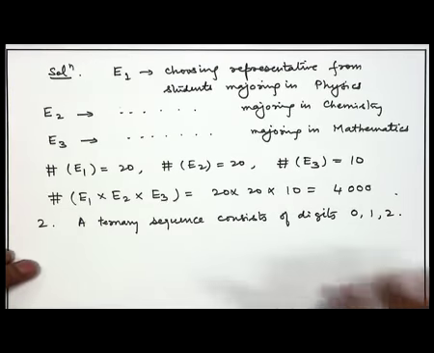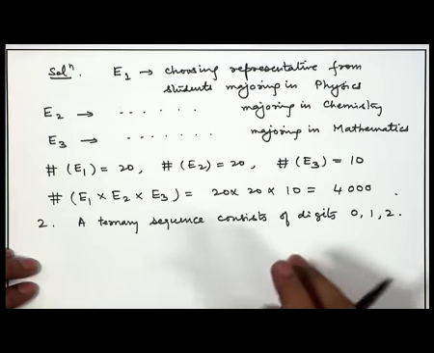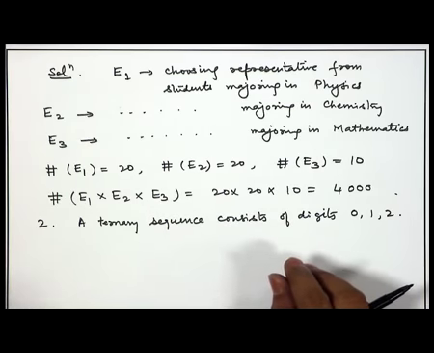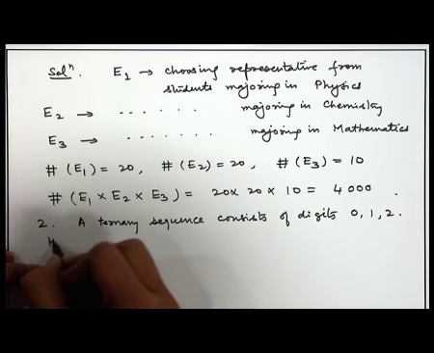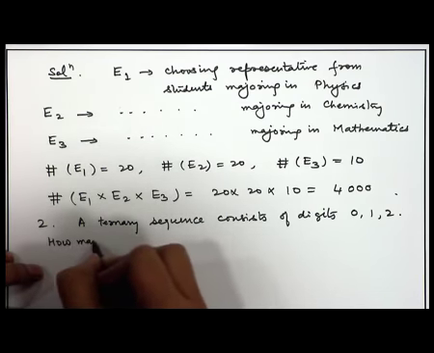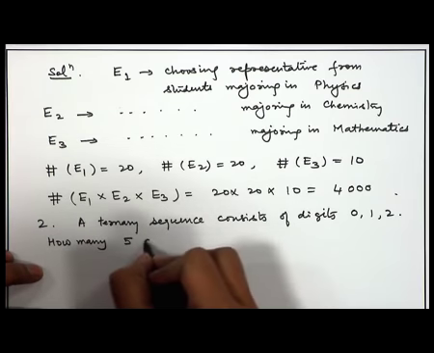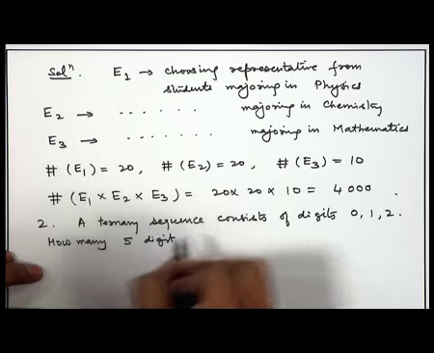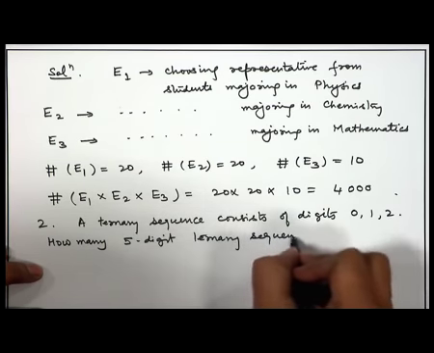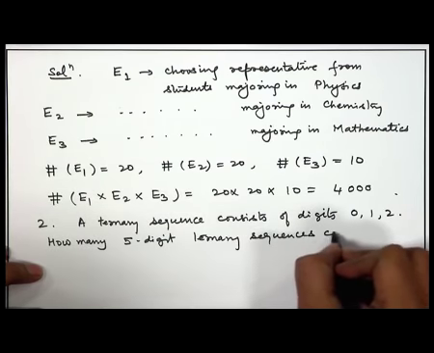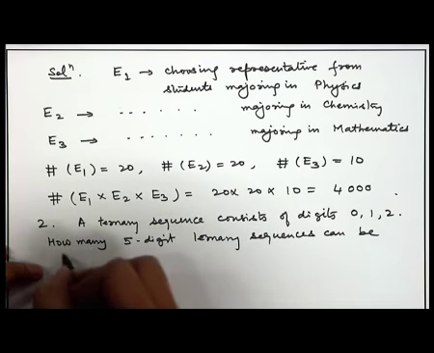Like a binary sequence consists of 0, 1, similarly, a ternary sequence consists of digits 0, 1, 2. So, how many 5-digit ternary sequences can be formed?